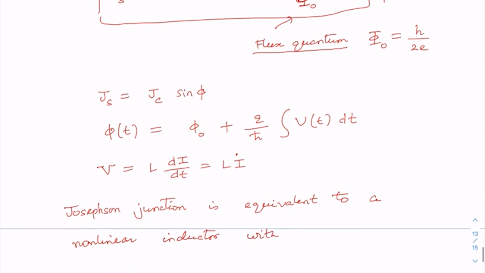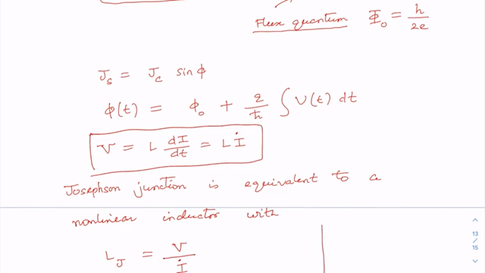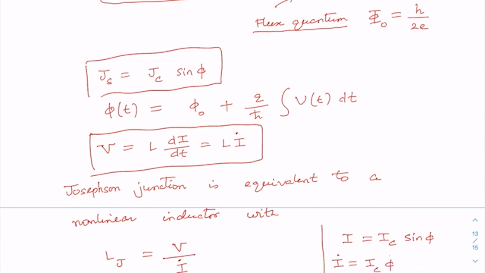With inductance, say Lj, equal to V divided by I dot. From this expression I can write I is equal to IC sine phi, where IC is the critical current through the junction, and then I dot would be equal to IC phi dot cos phi.